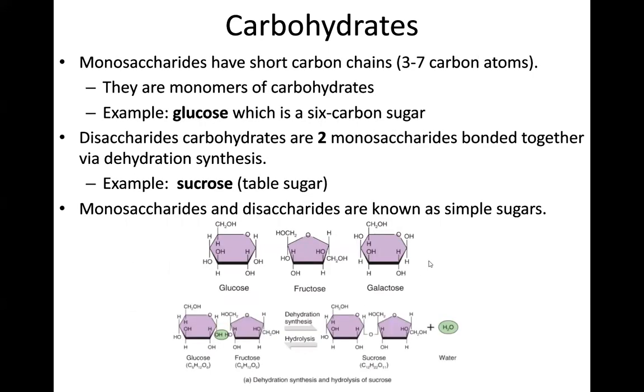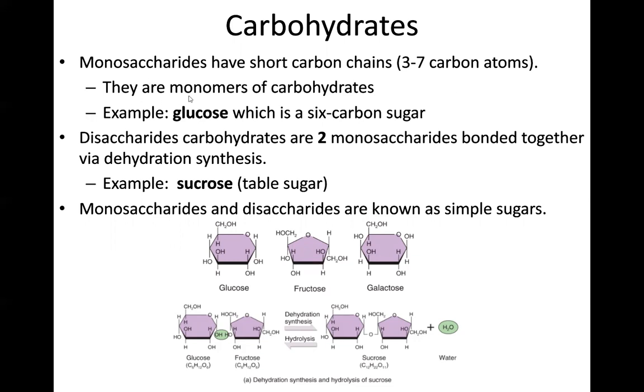We'll start here on this next slide by talking about the monos and the dis. Monosaccharides are going to be the shortest and simplest of our carbohydrates. Generally have about 3 to 7 carbons total.